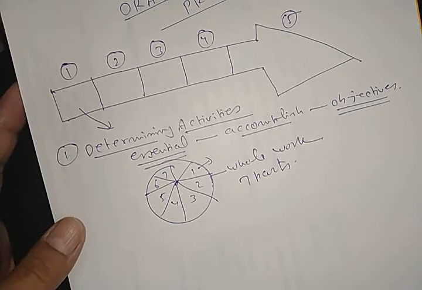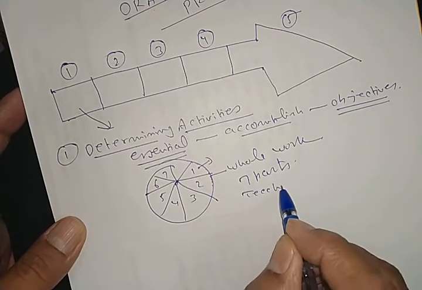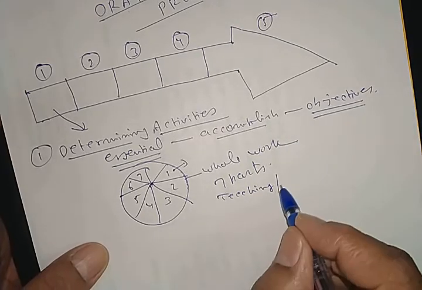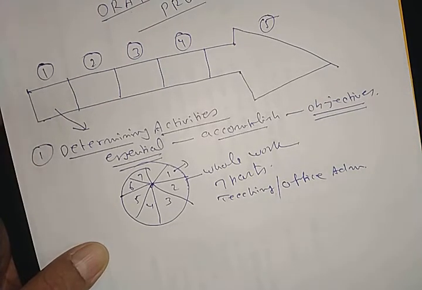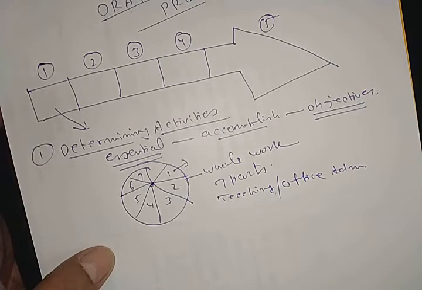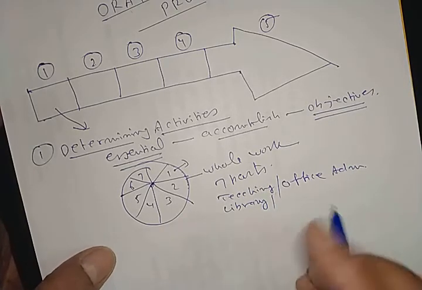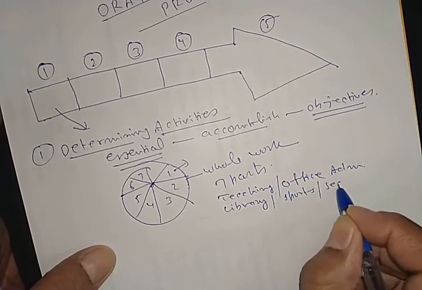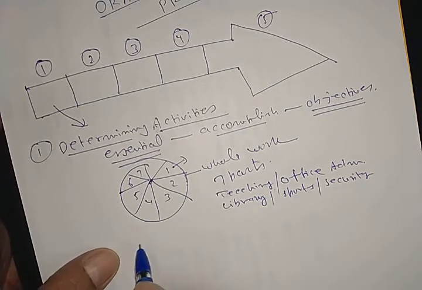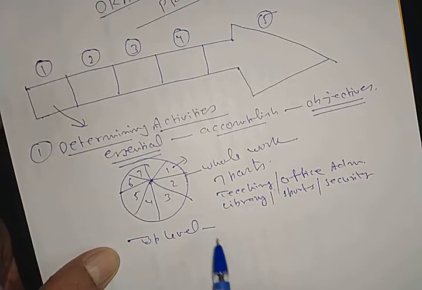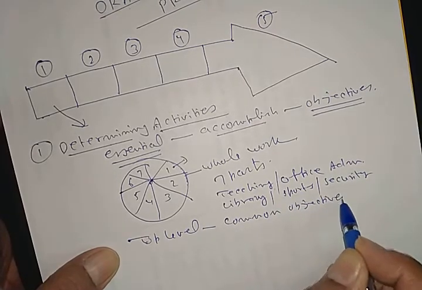If I give you an example of a school system, in a school various departments work, like teaching, office administration, library, sports, security, etc. Now, at the top level, they fix the common objectives of the organization.